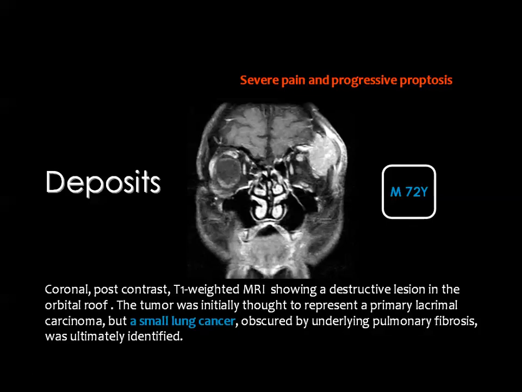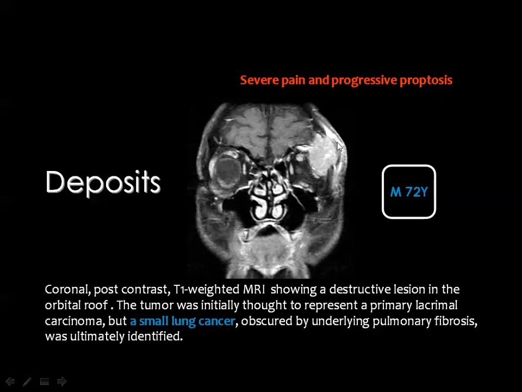Finally, we came to the metastasis. Metastases affect any part of the head and neck and any part of the skull base. Then the diagnosis usually depends on the clinical history of a known primary malignancy. But in this patient, there is severe pain and progressive proptosis.